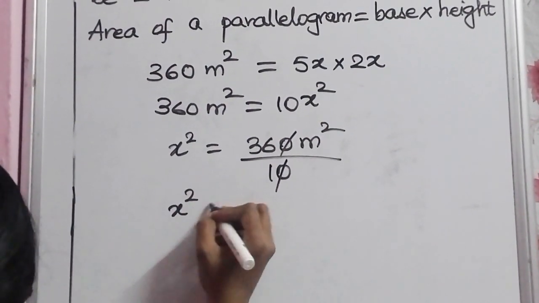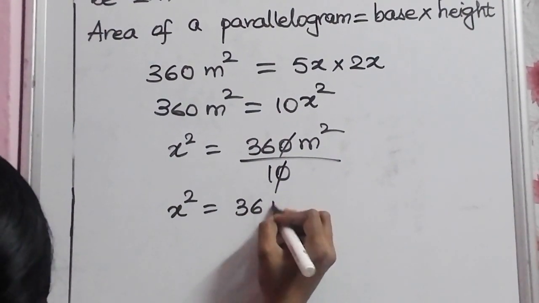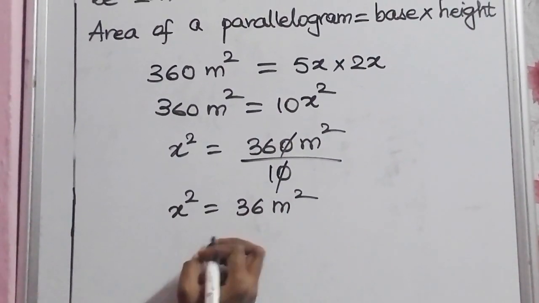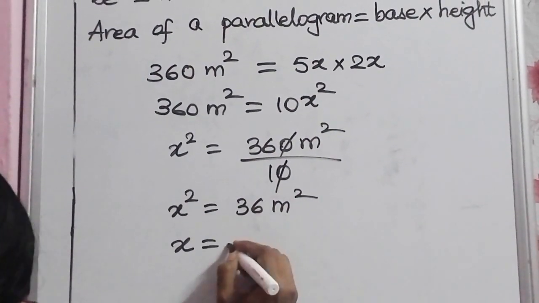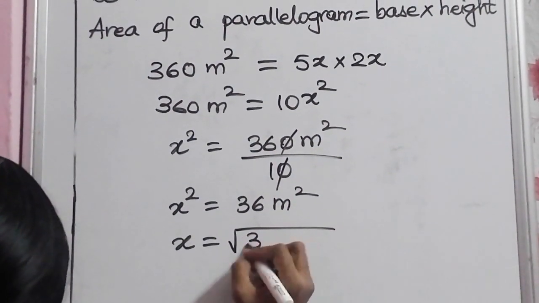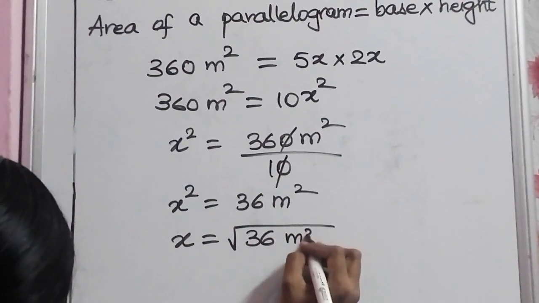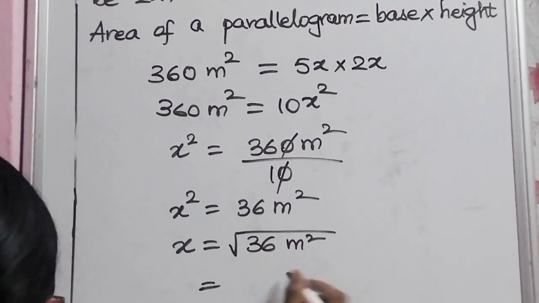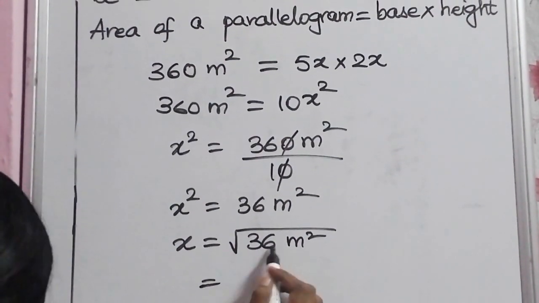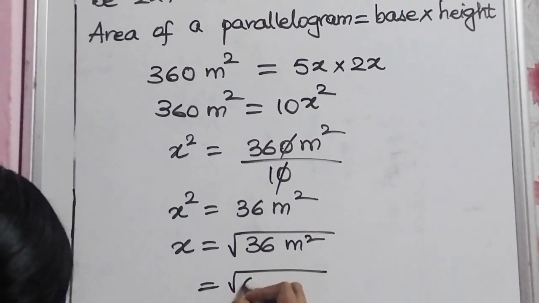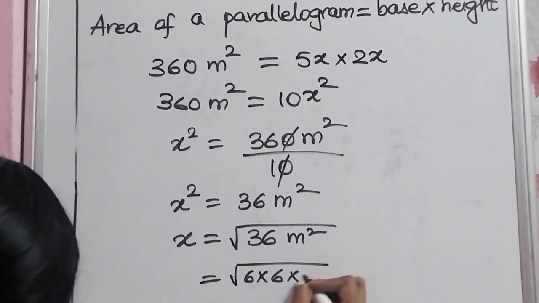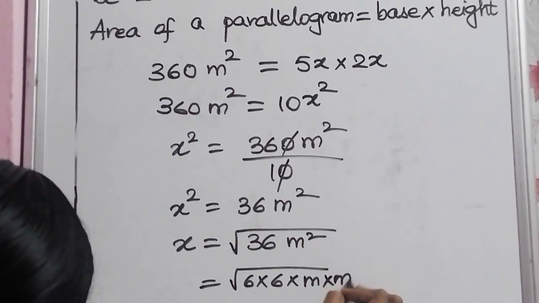So you are left with x square is equal to 36 meter square. Now x square, when it goes to the other side, it becomes square root. Square root of 36 m square. So this is equal to 6 square is 36. Here I can write it as 6 into 6 into m into m.